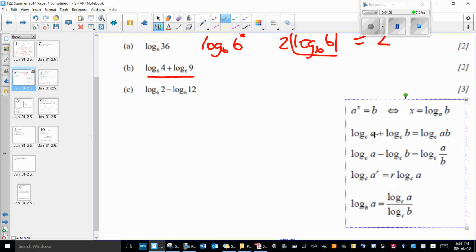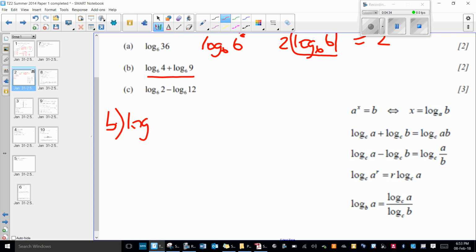So B would be log base 6 of 4 times 9, which is 36. So that's obviously also equal to 2.